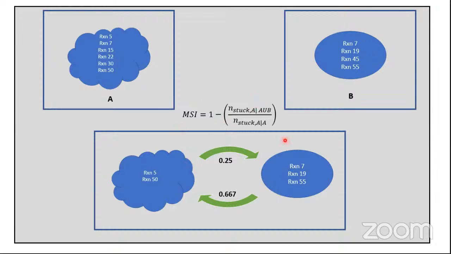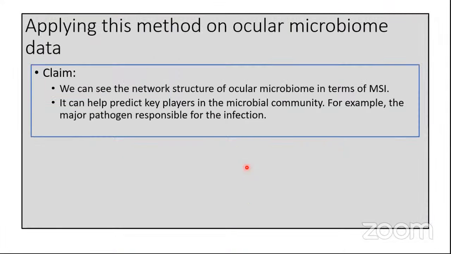So this metabolic support index gives us an insight into whether a given two microbes can interact or not, what might be the interaction between them, and what metabolite is being shared. All these things can be obtained from this metabolic support index concept.